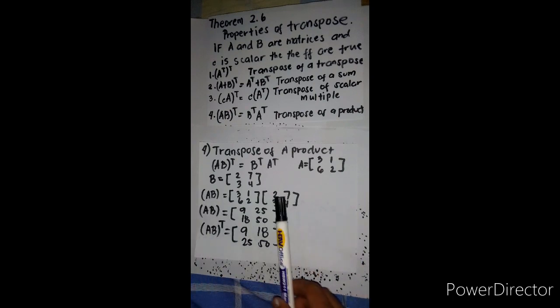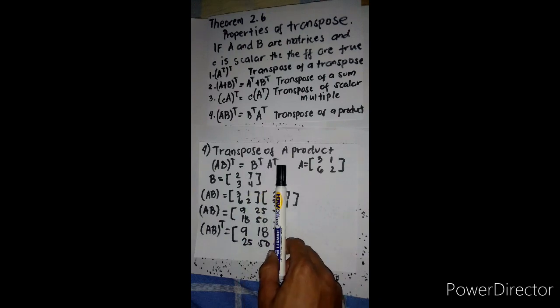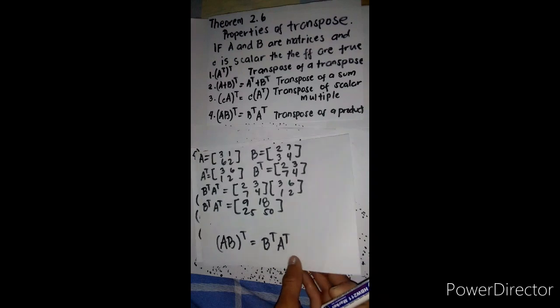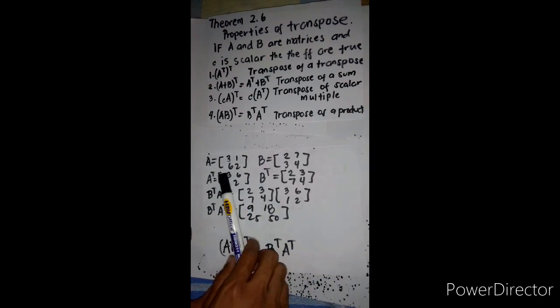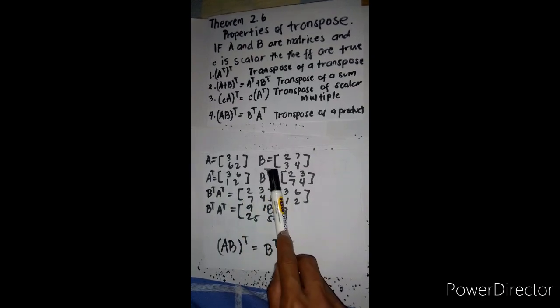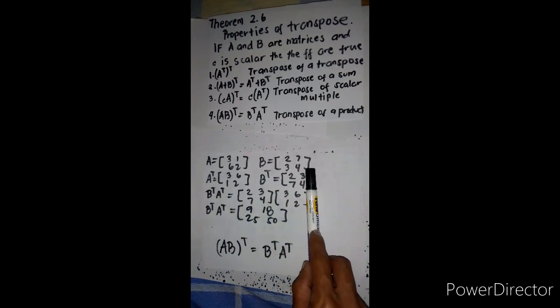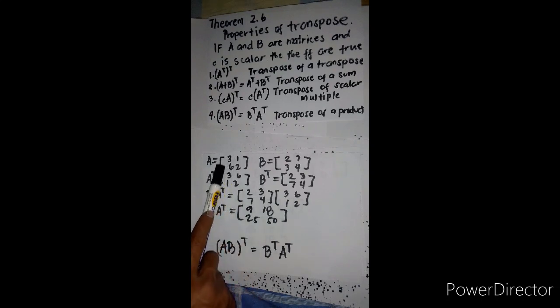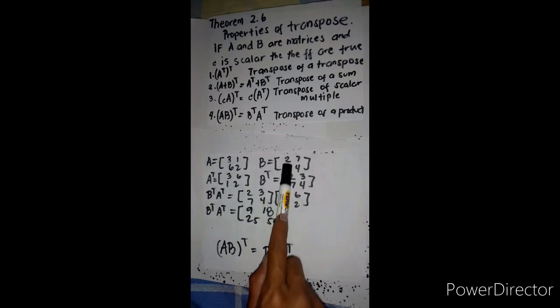For the second equation, B transpose times A transpose, the value of A is 3, 1, 6, 2. The value of matrix B is 2, 7, 3, 4. So we need to get A transpose. Writing this column into a row: 3, 6, and 1, 2.